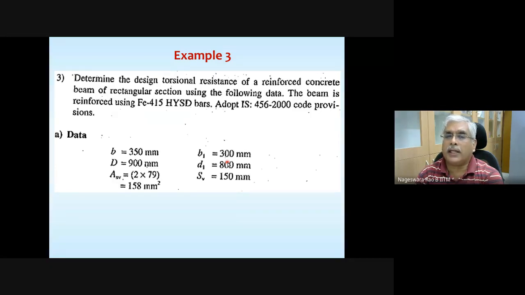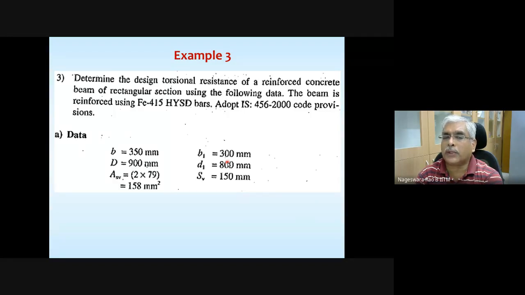Determine the design torsional resistance. This is like an analysis problem. Determine the design torsional resistance of a reinforced concrete beam of rectangular section using the following data.